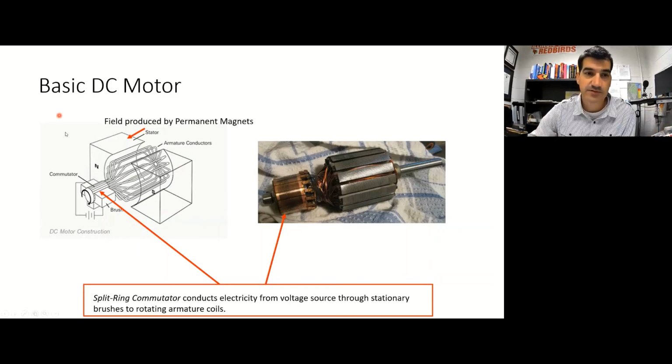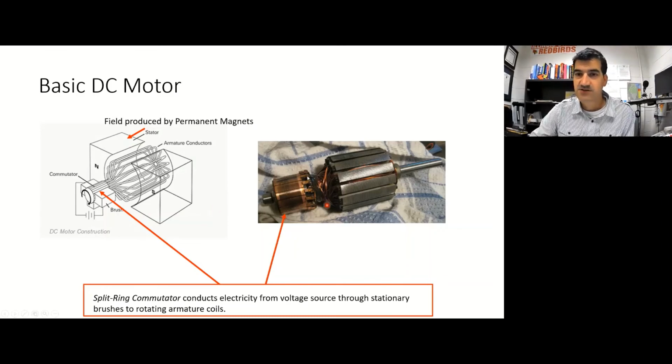You could have coils of wire on this side and on this side, and then apply a DC voltage to those coils of wire, and that creates an electromagnet, and now you've got a magnetic field that way. So it doesn't matter whether your magnetic field is caused by permanent magnets or electromagnets, you just need to have a magnetic field.